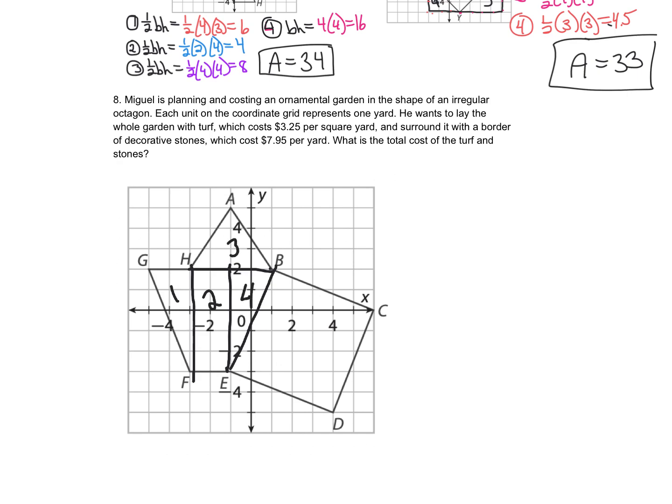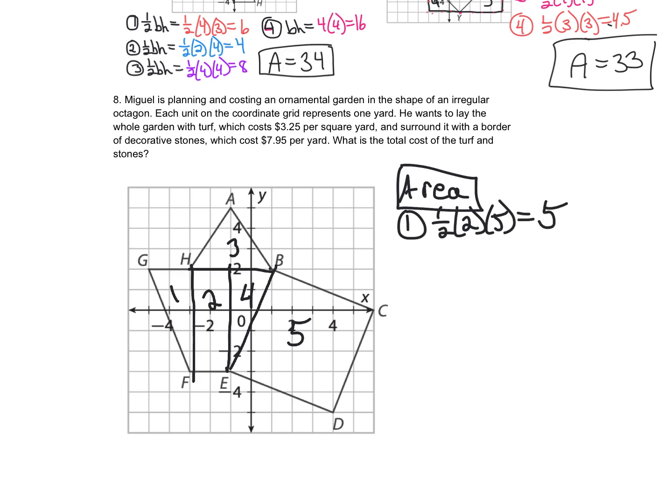So I'm going to label these. That's how I saw the shapes. So let's do the area first. So shape 1, 1, 2, 1, 2, 3, 4, 5. 1/2 of 2 times 5 is 5.